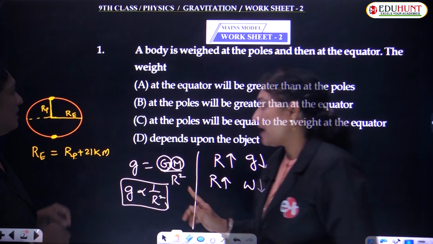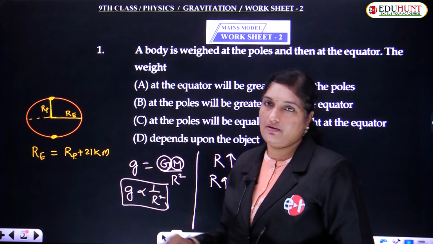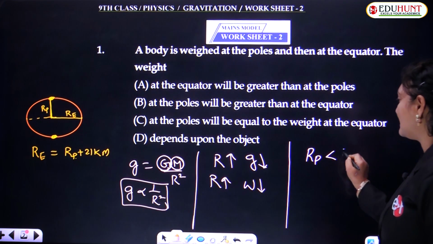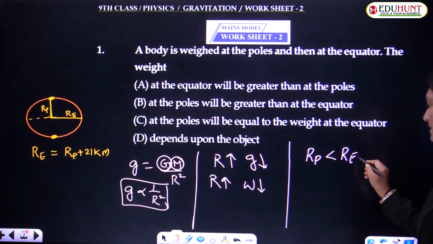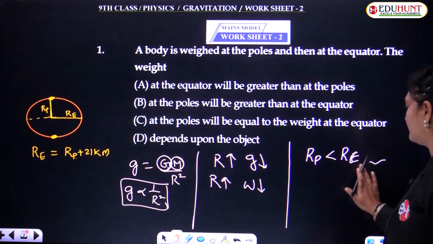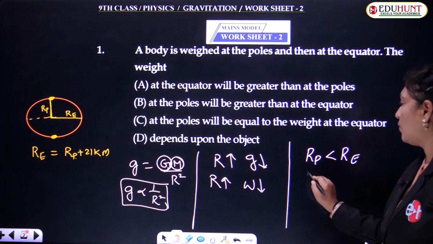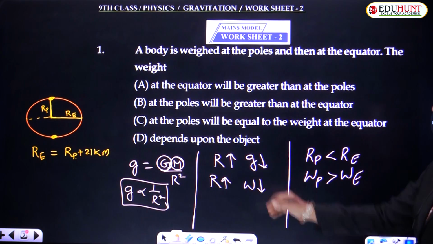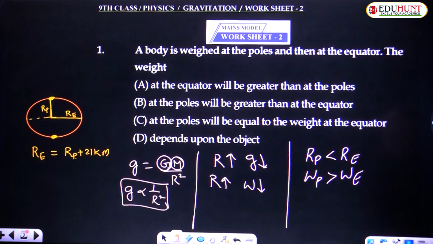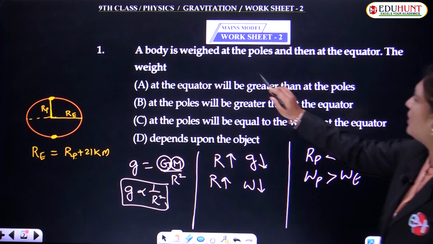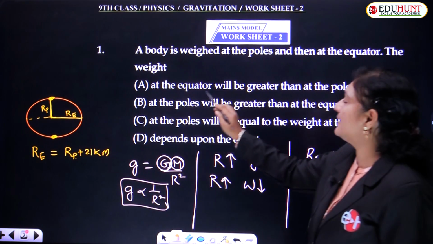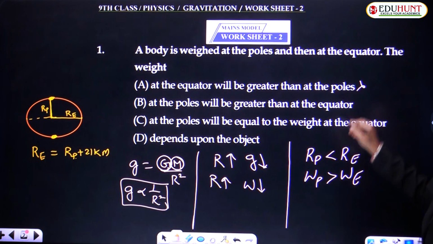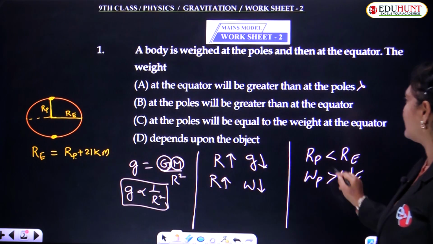So are the two radii equal or different? Different. As we know the radius at the poles is lesser compared to the radius at the equator, we can conclude that weight at the poles is greater compared to the weight at the equator, because of inverse proportionality. Is the weight at the equator greater than at the poles? No. Weight at the poles will be greater than at the equator.